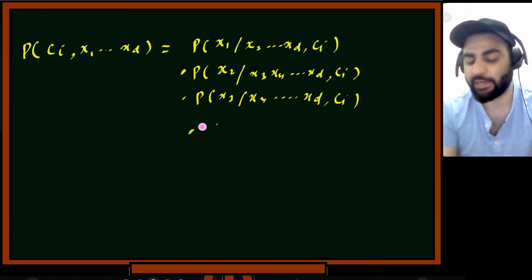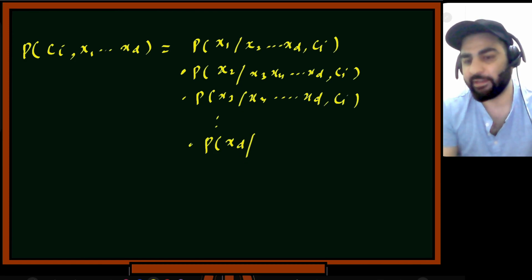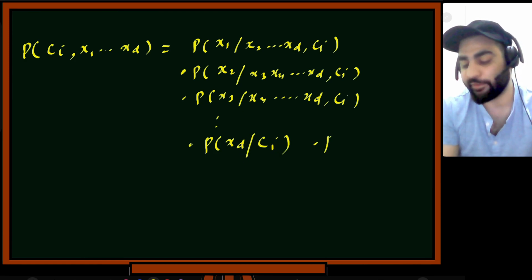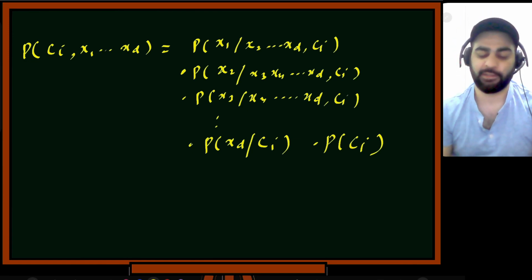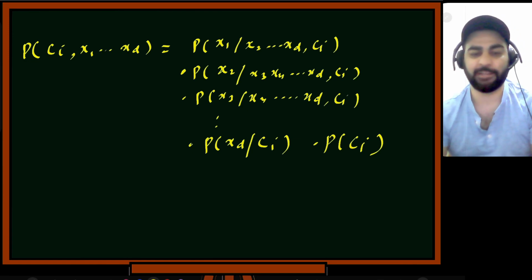At the end we'll write probability of xd given ci multiplied by probability of ci, just using the multiplication rule that we have seen. Okay, so this is what I have written. Is it clear?